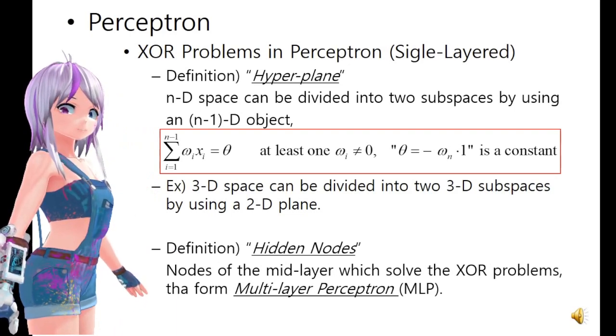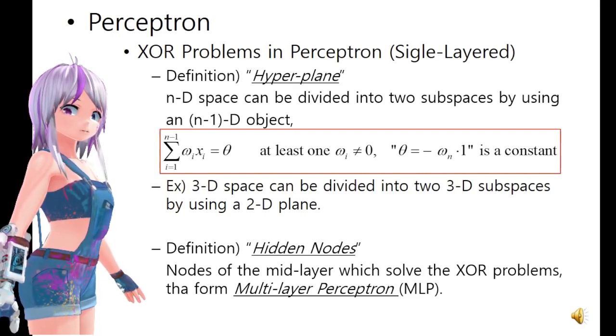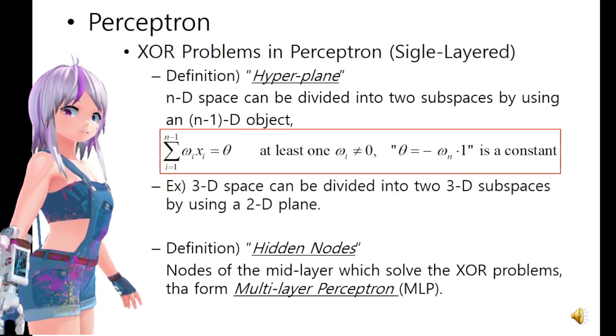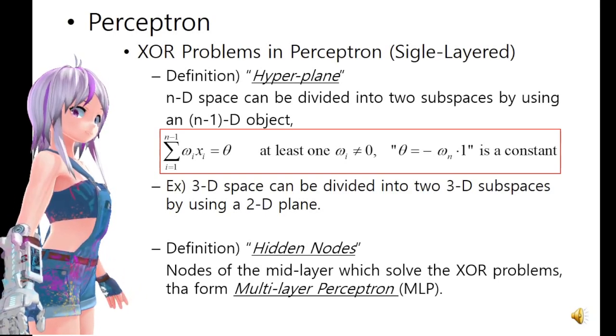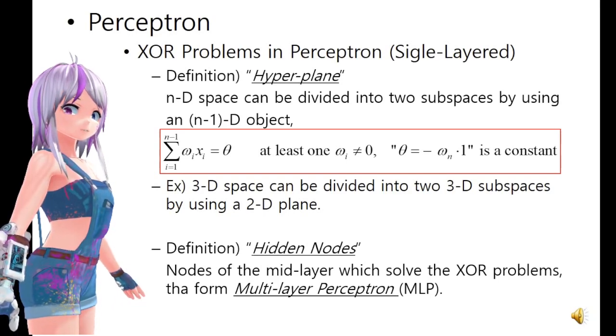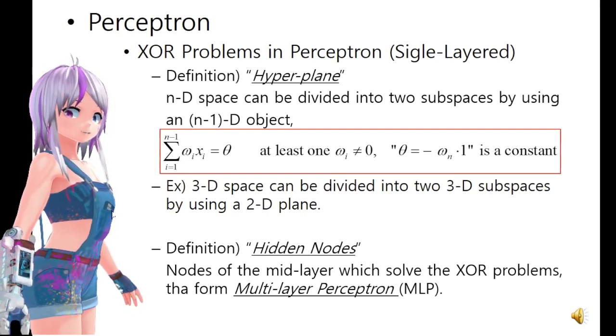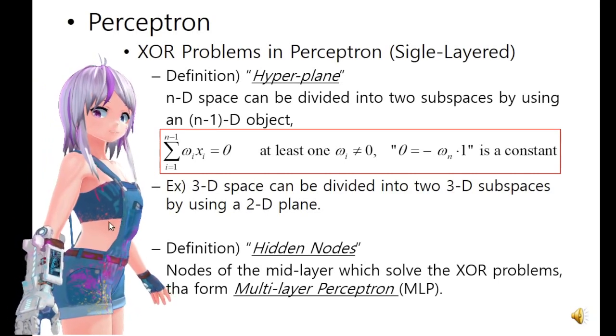In 2-dimensional space, we have a 1-dimensional line which divides the P set or N set, positive set or negative set. Definition, hidden node: a node of the middle layer which solves this exclusive problem. That is called a multi-layer perceptron, and in the middle layer we have hidden nodes distributed.